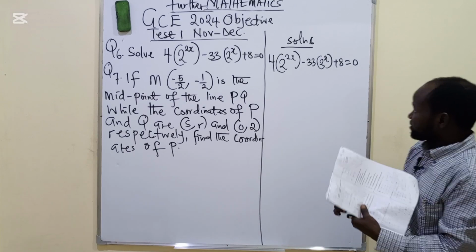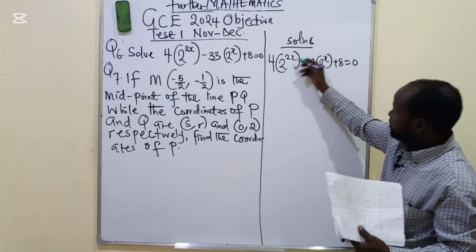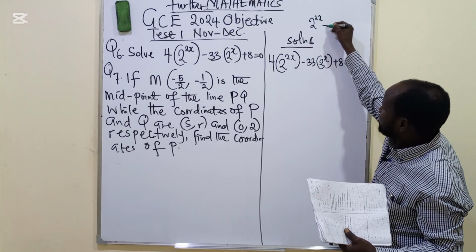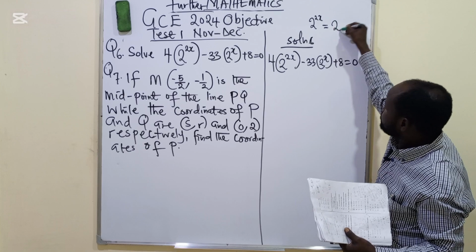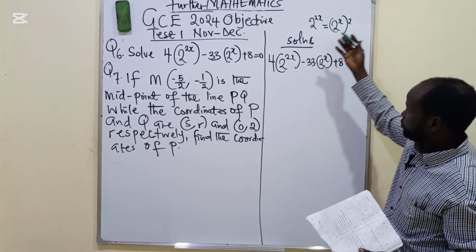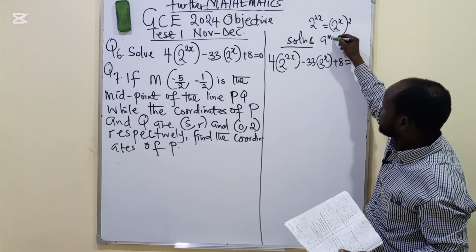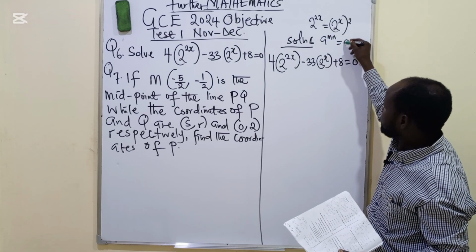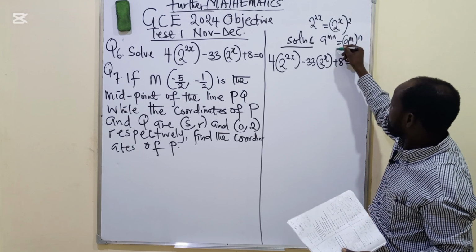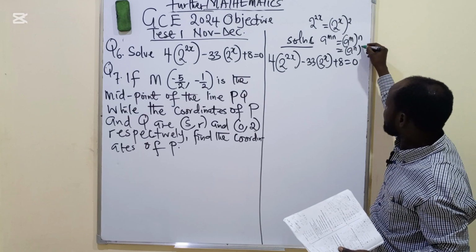If we observe this critically, we have 2^x here. This 2^(2x), we can write as (2^x) all to the power 2 using one of the laws of indices. If we have a^(mn), it is the same as (a^m)^n, or the same as (a^n)^m.